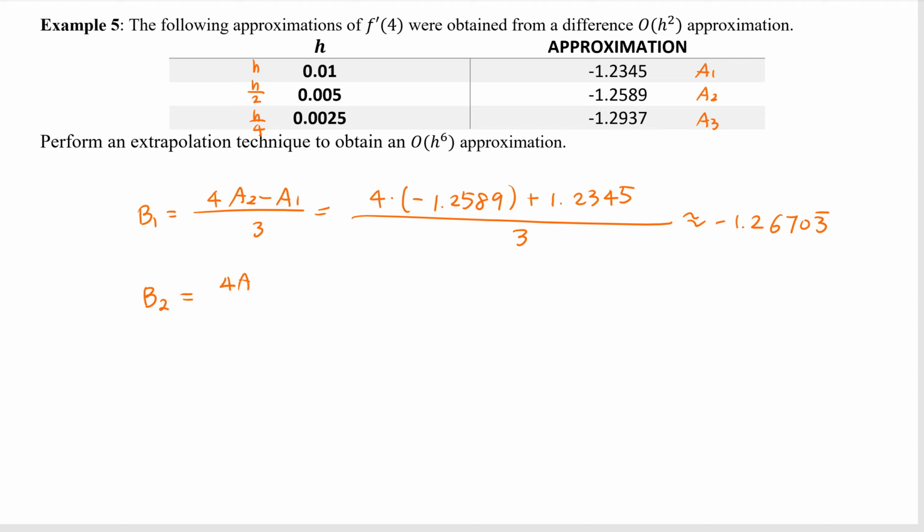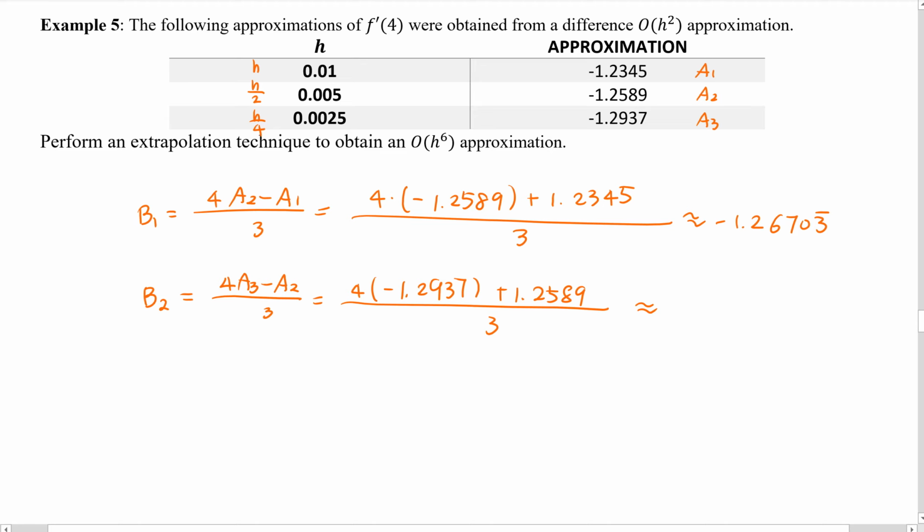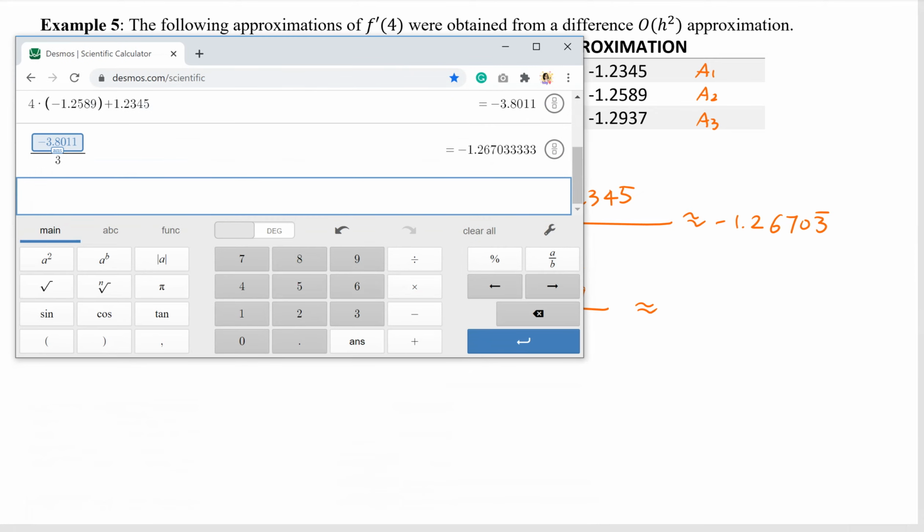And then B2 equals 4A3 minus A2 over 3. So A3 is negative 1.2937, minus negative becomes positive 1.2589, over 3. And let's see. Okay, let's plug into our calculator.